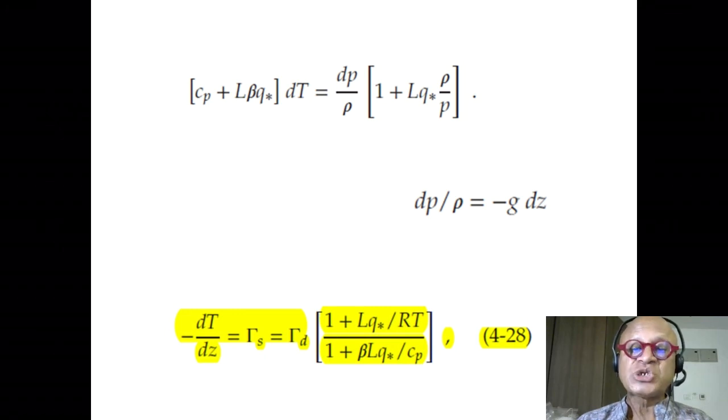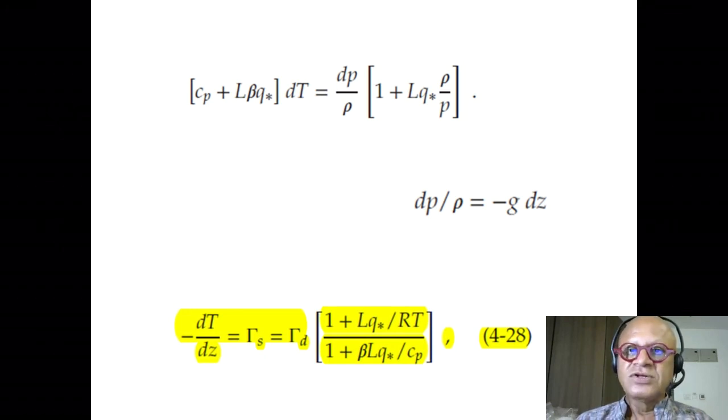It is a function of the dry adiabatic lapse rate times 1 plus L Q star over RT, where Q star is the saturation humidity, L is the latent heat of condensation, divided by 1 plus beta L Q star over Cp. So the saturated adiabatic lapse rate is related to the dry adiabatic lapse rate through the moist processes.